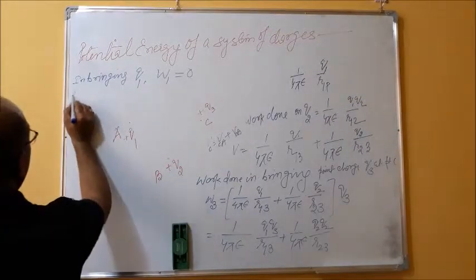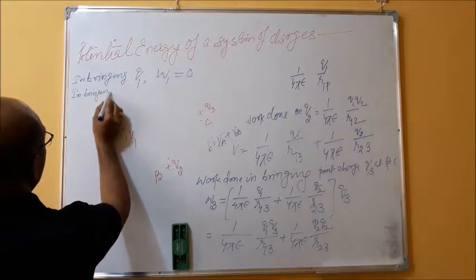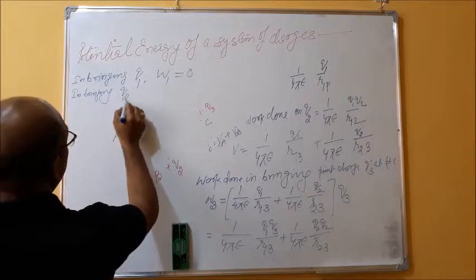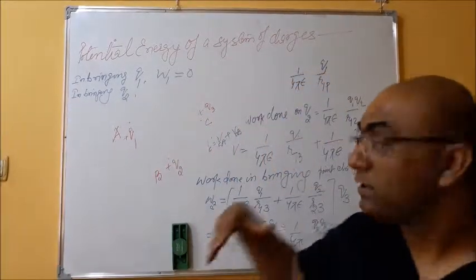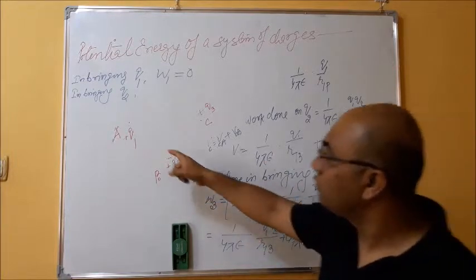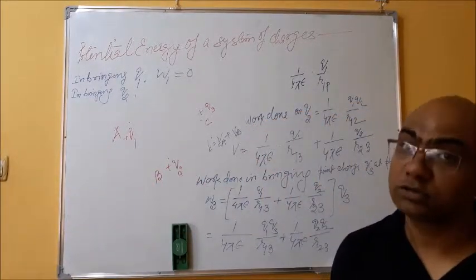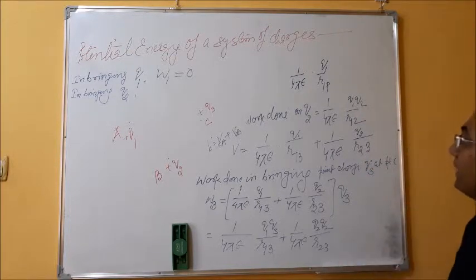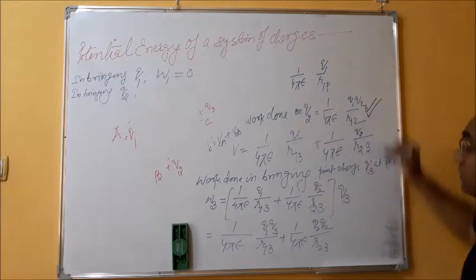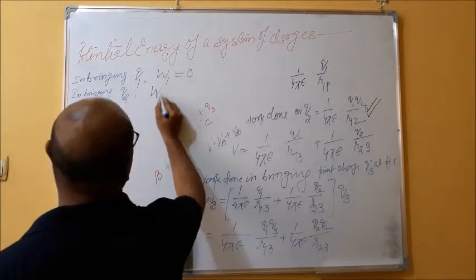Now, in bringing Q2, when we want to bring this Q2, there is one potential which is produced by this charge particle Q1 because Q1 already exists. So the value of work done is given by this formula. Suppose I am saying W2. So what is W2?